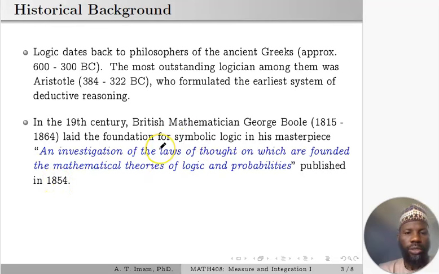In this book, Boole suggests that letters, just like in algebra, can be used to represent statements, and that operations can be carried out with statements similar to the operations in algebra, where you can add, multiply, subtract, and divide numbers.